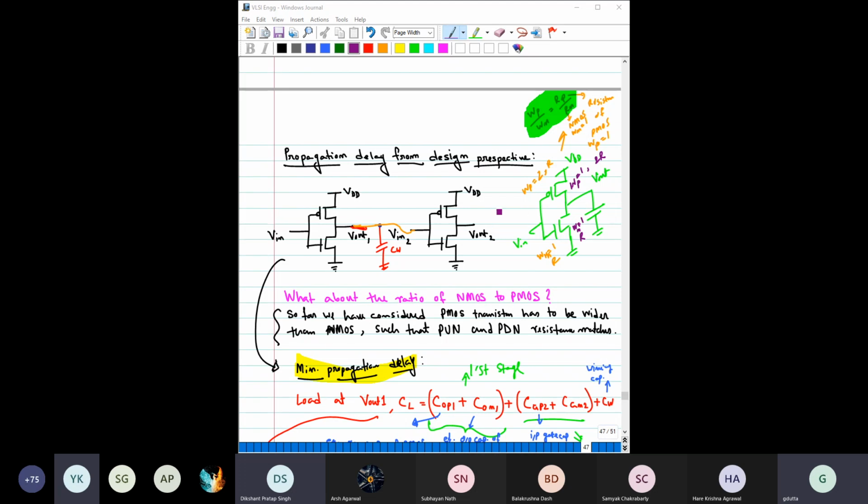Then let me just repeat it again. If you want symmetrical charging and discharging characteristics, then you have to take the width of PMOS by width of NMOS equal to the ratio of this RP by RN, right?